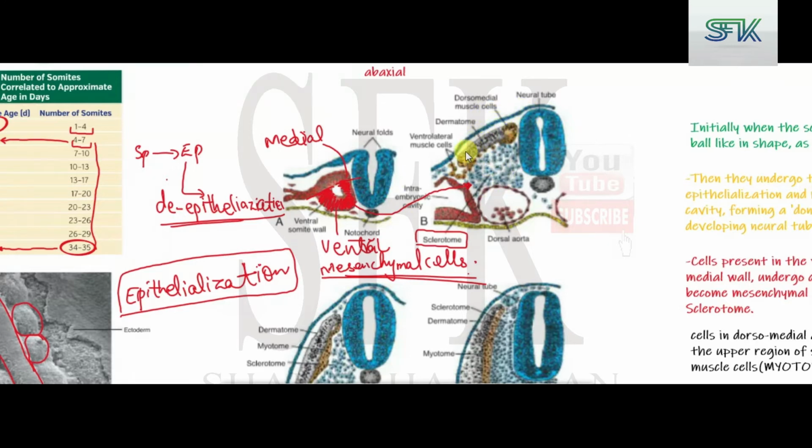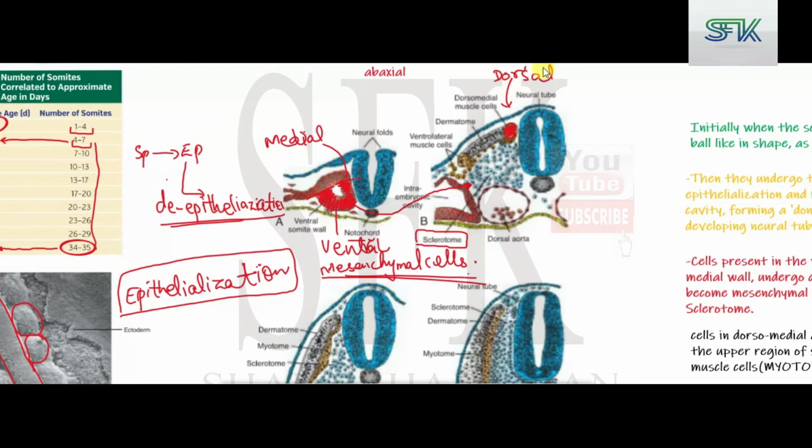Then the remaining cells of this donut shape will form two regions, on the two ends of these cells. One end is closer to the neural tube, and at the same time closer to the dorsal end of the embryo.